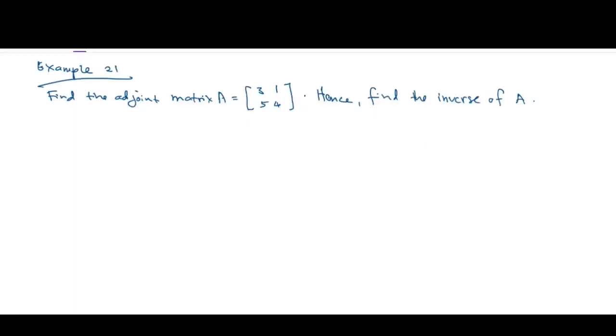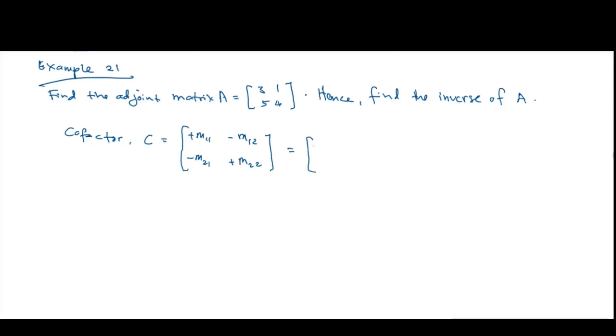Example 21. Find the adjoint of matrix A, 3, 1, 5, 4. Hence, find the inverse of A. To find the adjoint of matrix A, first we have to find the cofactor matrix. So the cofactor matrix is plus M11, minus M12, minus M21, plus M22.